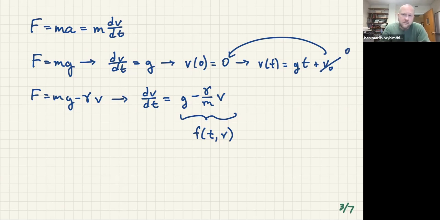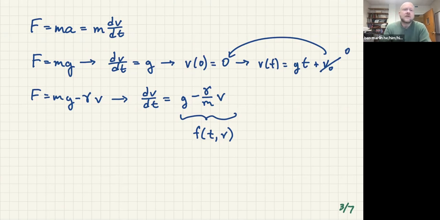So when you drop an object in a vacuum, and with certain other considerations that seem a little bit esoteric, about gravity being constant or whatever, if you drop an object, then it accelerates smoothly, and that's that.